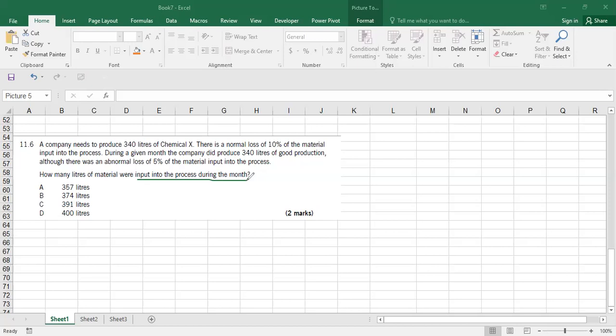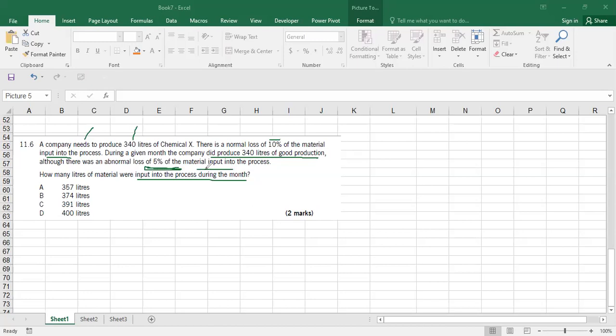Okay. Let's see. It says that a company needs to produce 340 liters of chemical. There is a normal loss of 10% of the material input into the process. During a given month, the company did produce 340 liters of good production, although there was an abnormal loss of 5% of the material input into the process.